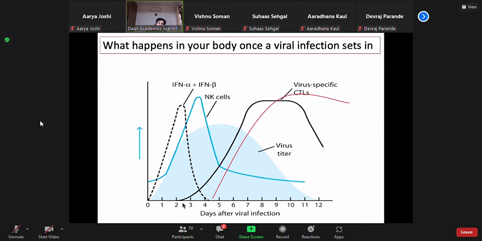Starting from day 3-4, you have initially activated your innate immune cells. These innate immune cells have taken up these viral antigens at the infection site. Now they have migrated from that infected site to the draining lymph node, and we already have talked about the concept of draining and non-draining, right?